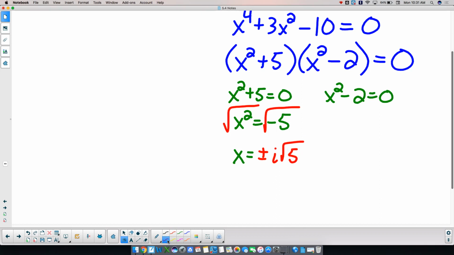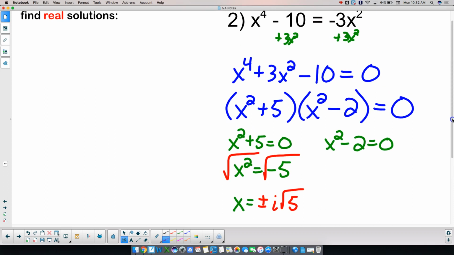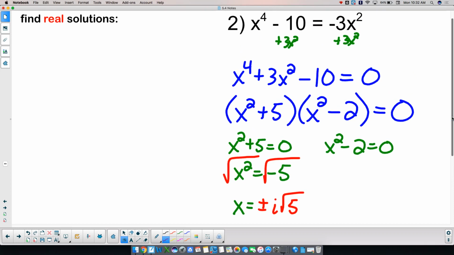Now, this question asked me to find the real solutions. This is not real, so therefore, yes, it's a solution, but it's not one that I want to give in the end. So I have two solutions there, but they're just not real.